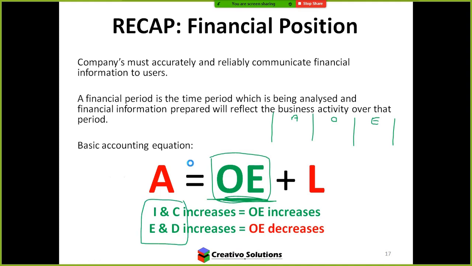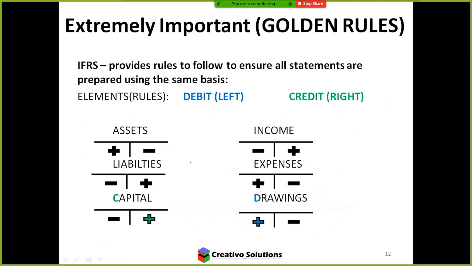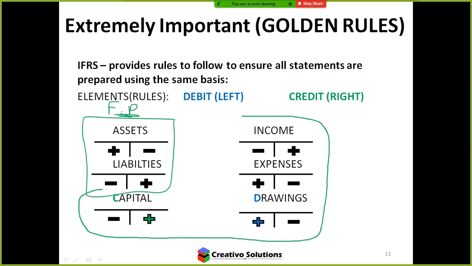Remember how many rules we had? We had 6. Those 2 deal with financial position. We just spoke about them. Those other ones look at profitability, so profit or loss and equity.